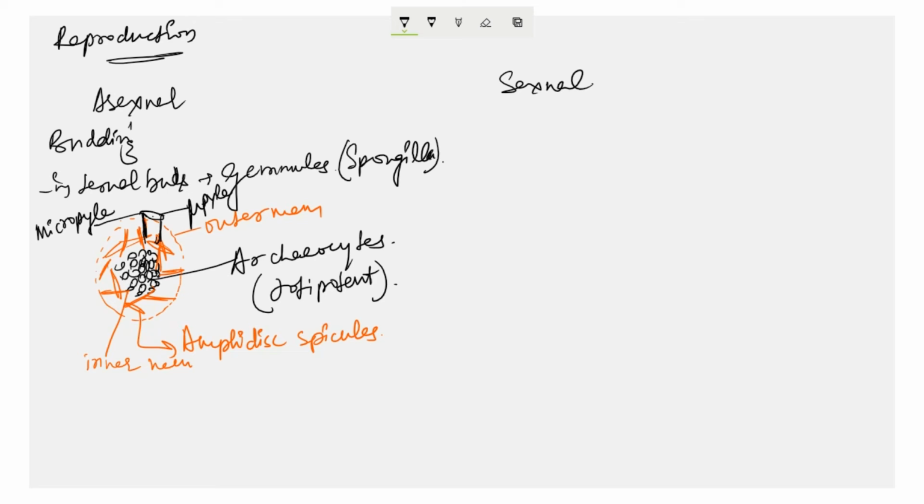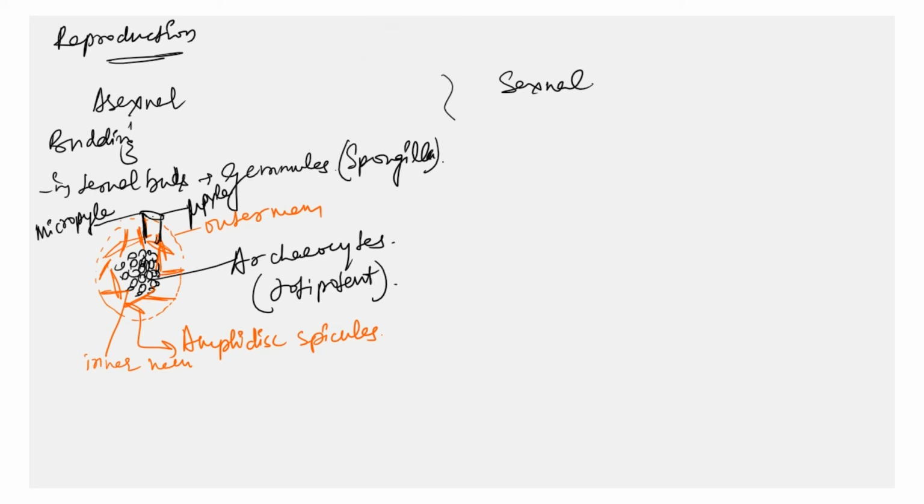From here water can enter into this gemmule, and the totipotent cell, this archaeocyte, will start dividing. The outer covering will break off and the sponge will grow. So this is what happens in asexual reproduction in sponges: when budding occurs, these gemmules are formed.